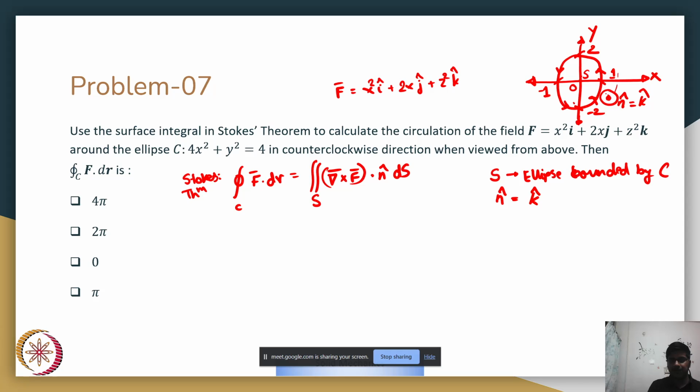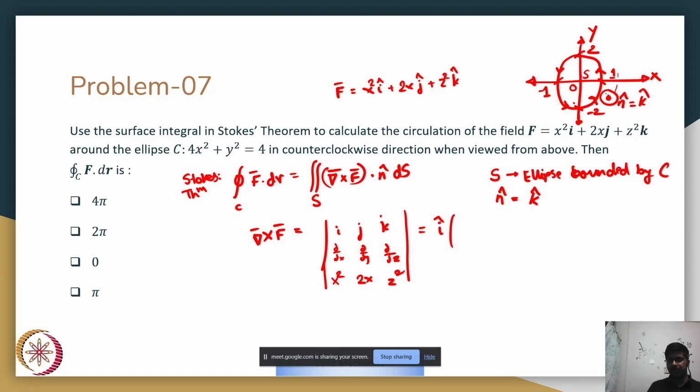So for our case, curl of F is nothing but the determinant with i, j, k, dou by dou x, dou by dou y, dou by dou z, and x square, 2x, z square. Since in our case n is nothing but k hat, we are actually only interested in the k hat component.